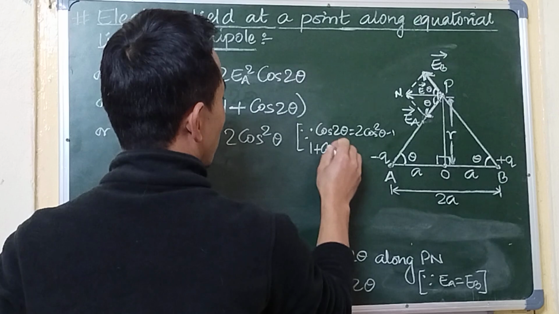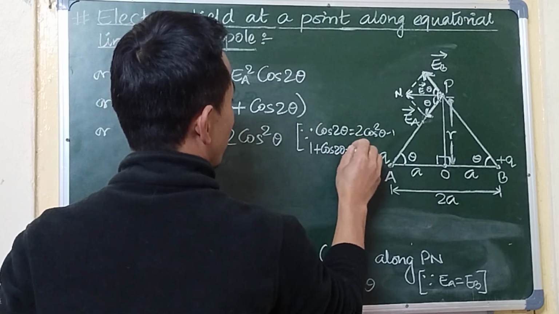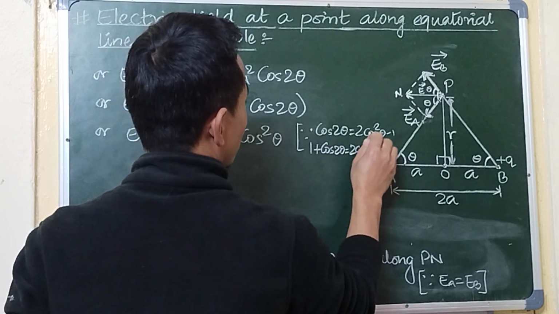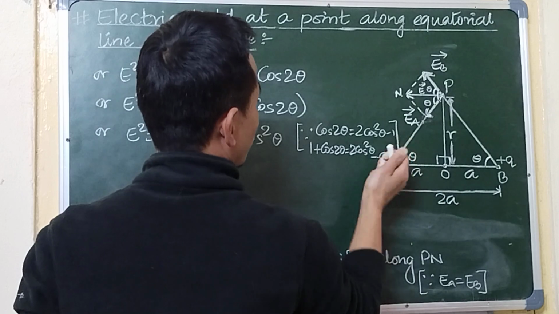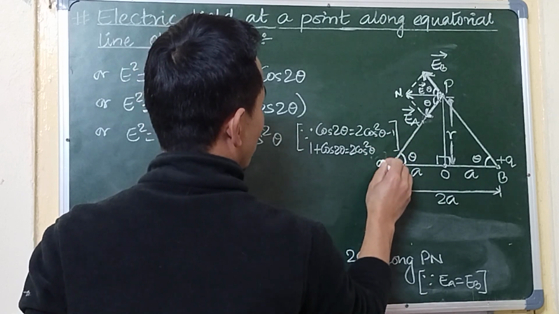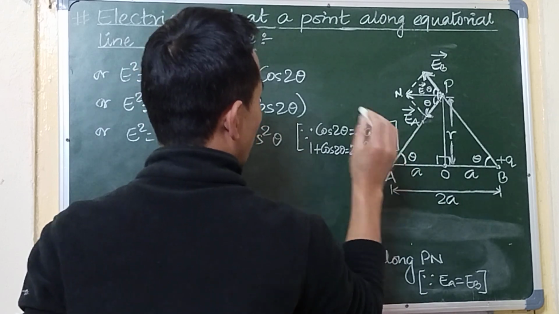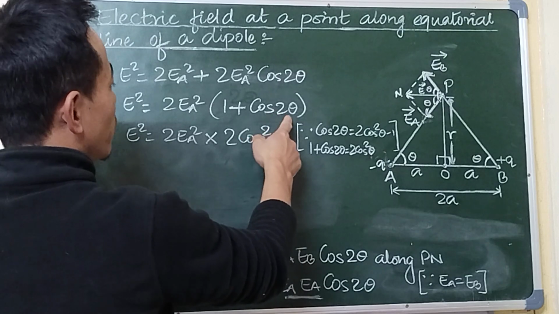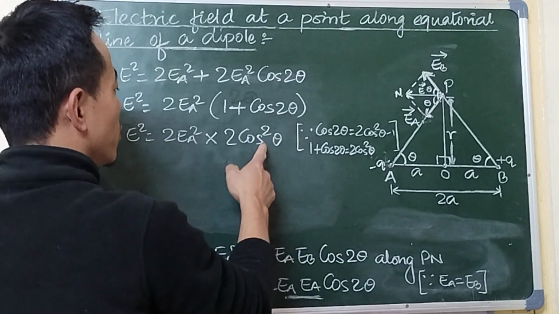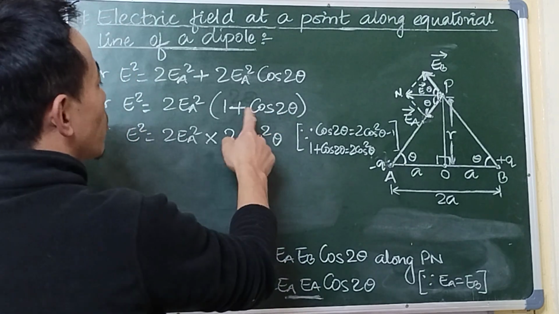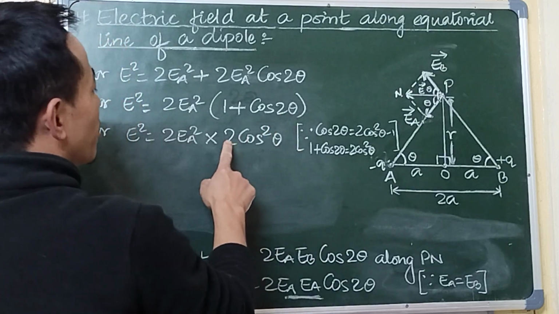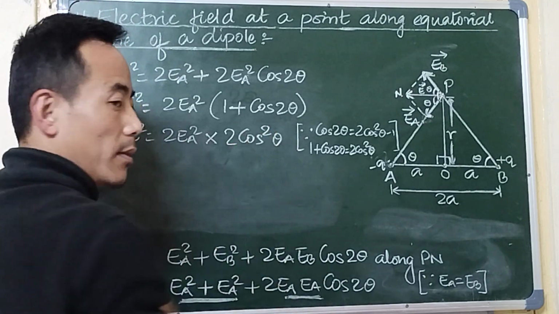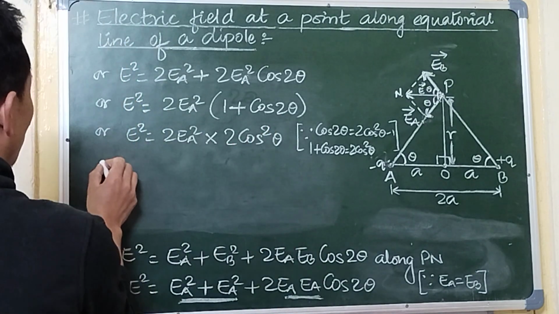So 1 plus cos 2 theta can be written as 2 cos square theta. So we are using this formula here. Be careful while writing cos of 2 theta and cos square theta. These are two different terms, right? So 1 plus cos 2 theta can be replaced with 2 cos square theta here. Alright.